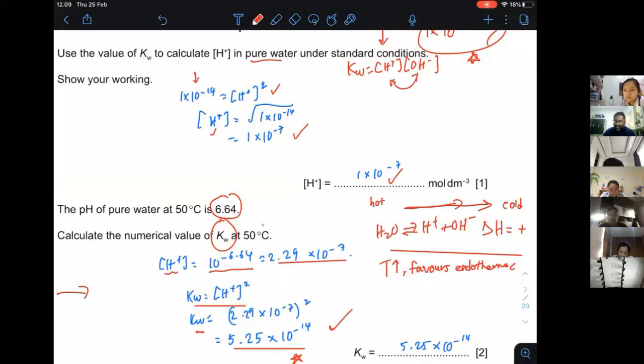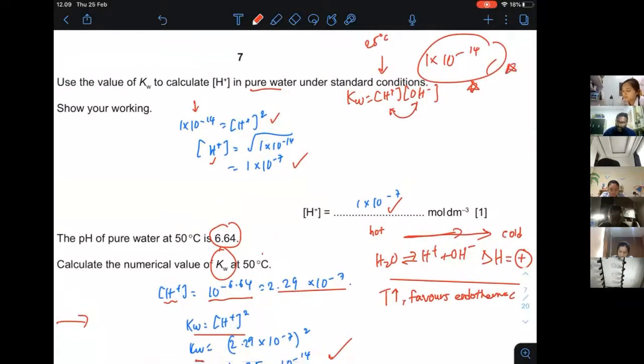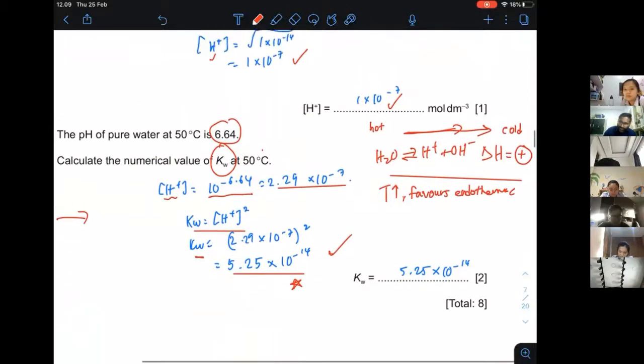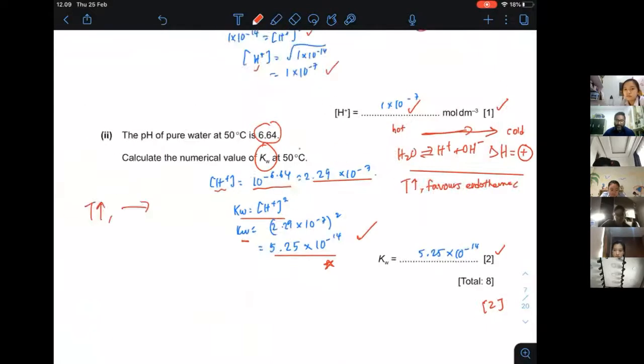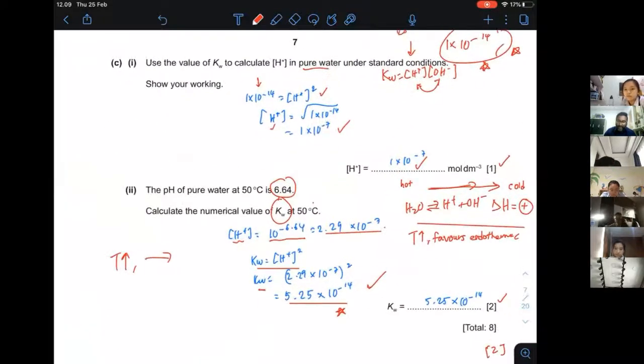So if I ask you to predict, this is going to be positive. This is by using this information that you have. So it means that on top of this 1 mark and 2 marks, I can give you another 2 marks. If I design a question, predict what is going to be the enthalpy change for ionization of this, the equation, predict and then give reason.